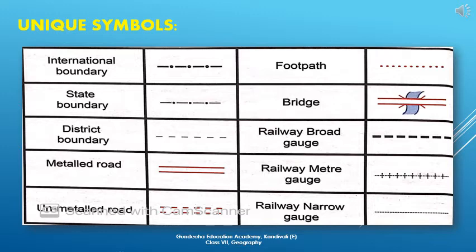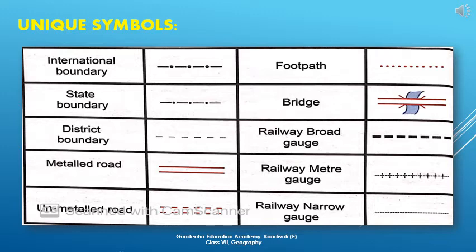After that, we have metalled and unmetalled road. Metal roads are made up of concrete, cement and tar, but non-metal roads are made up of mud. Generally, metal roads are found in cities, while unmetalled roads are found in rural areas or forests.